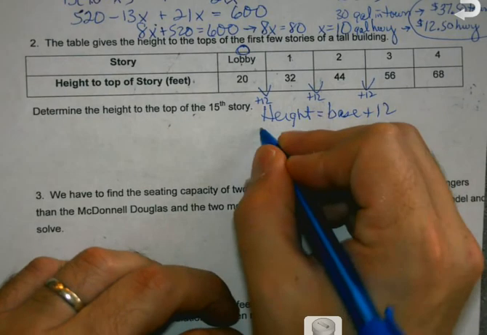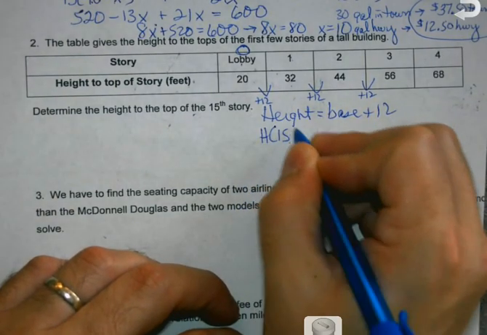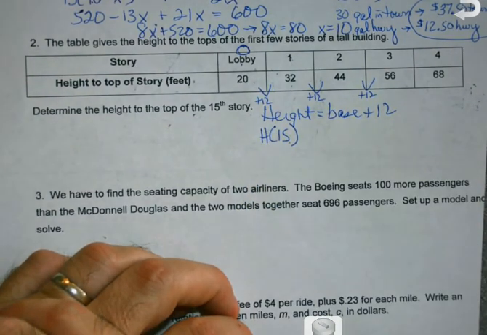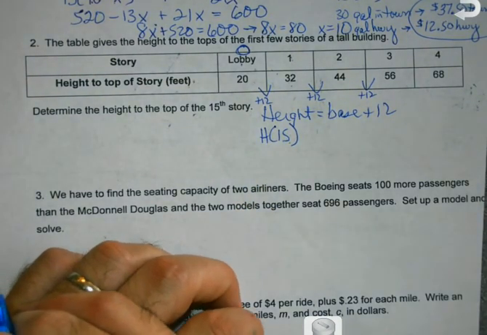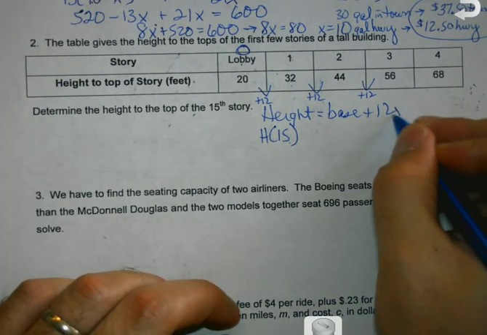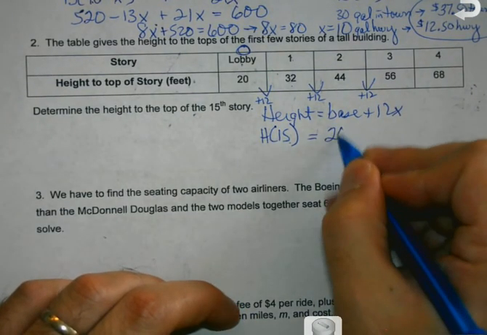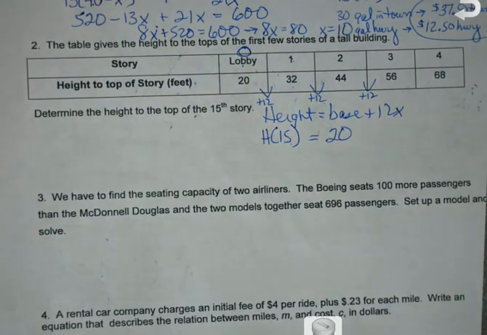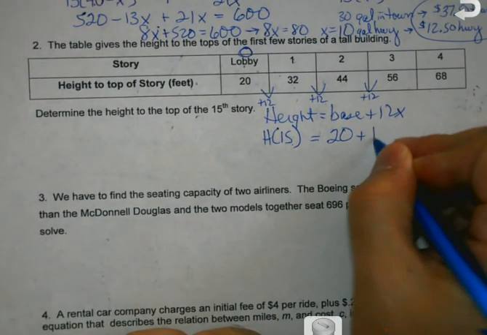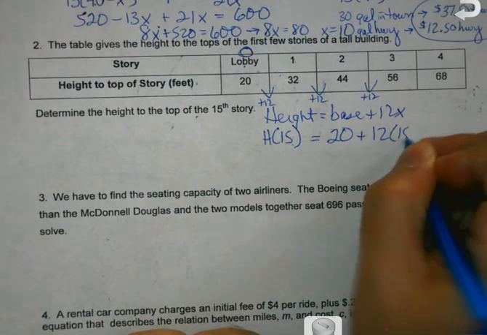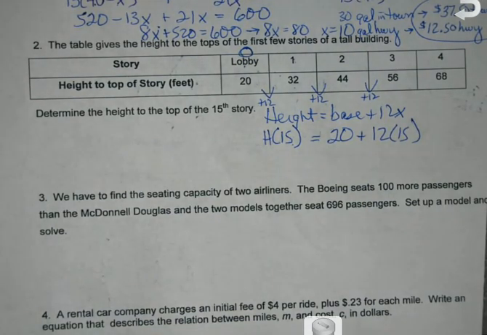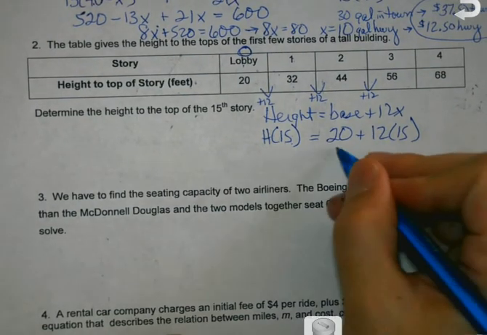If I'm looking for the height of the 15th story, basically all I'm going to want to do is take my base, which is my 20 feet, and add 15 more stories of 12 feet, because each story I keep adding 12 more feet to the top of that story.